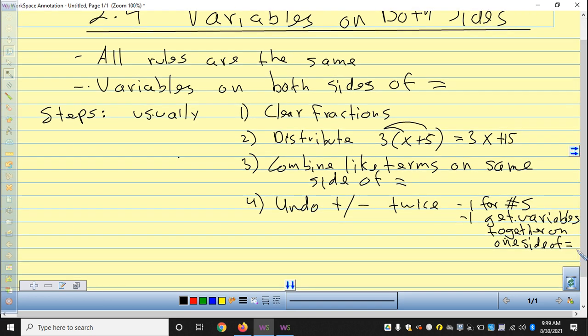So this is how we deal with the variables on two sides of the equation, is we undo addition subtraction by getting all the x's together on one side, all the y's together on one side, whatever variable we're dealing with.